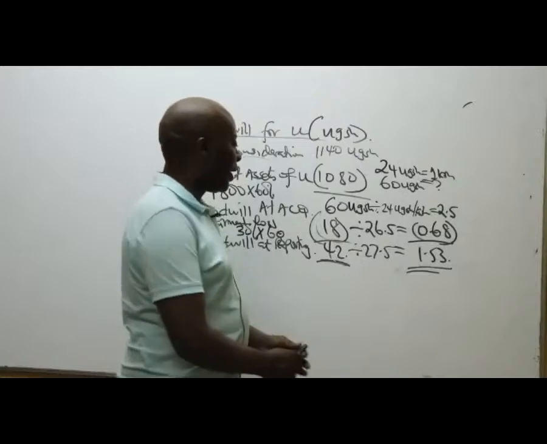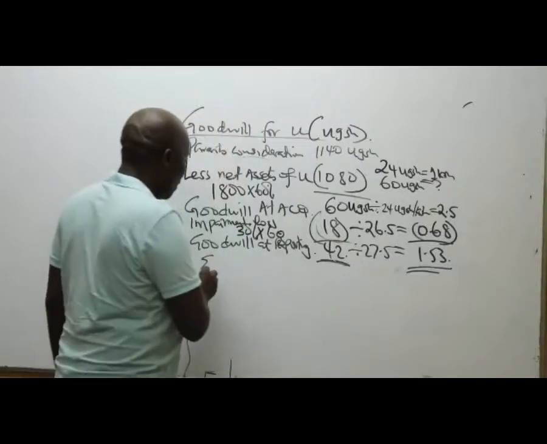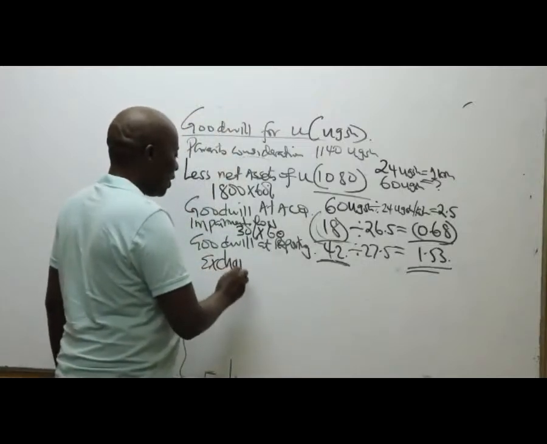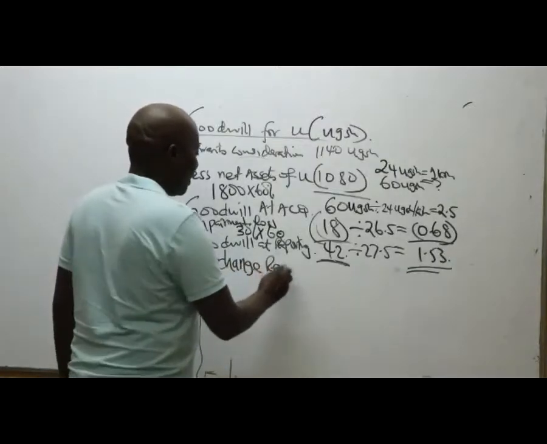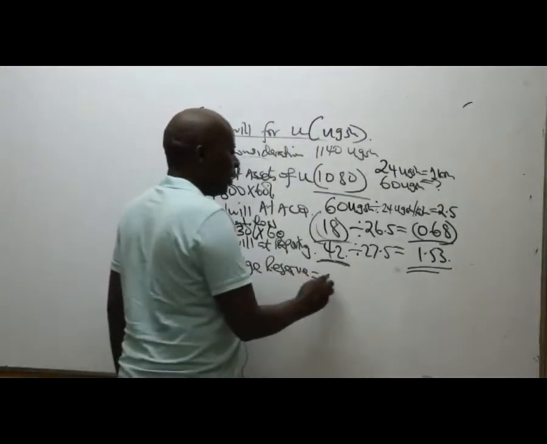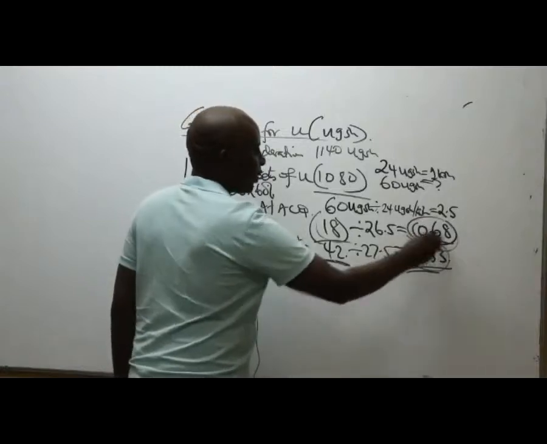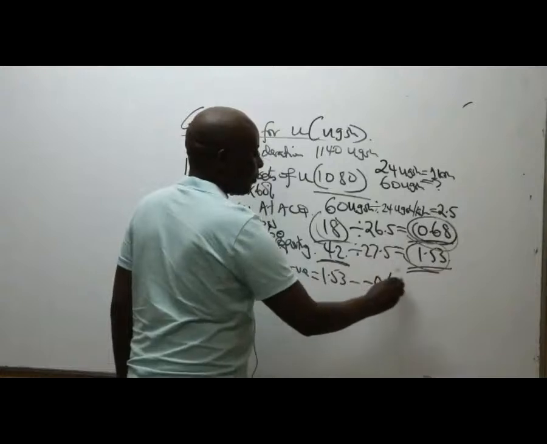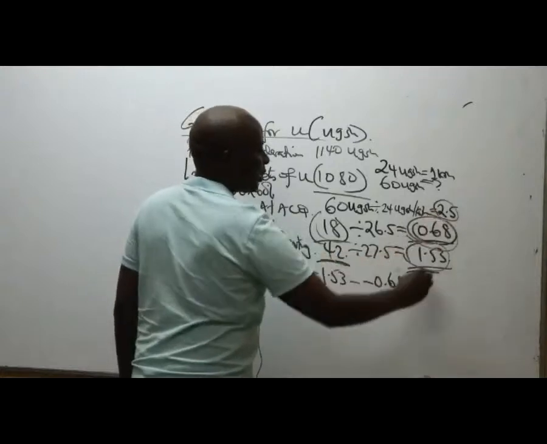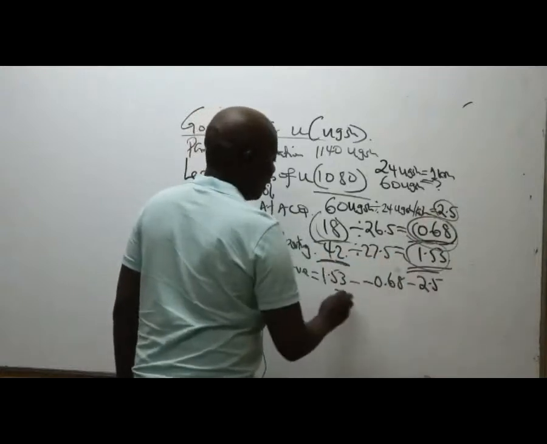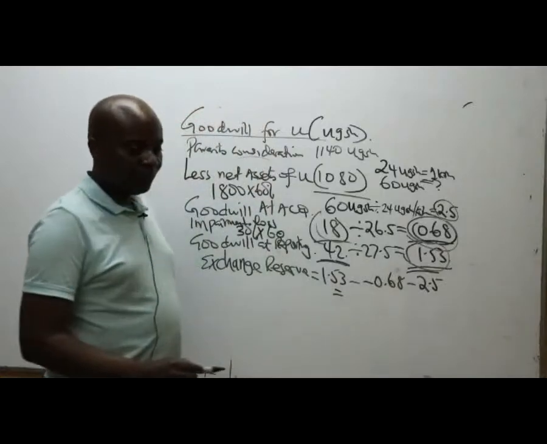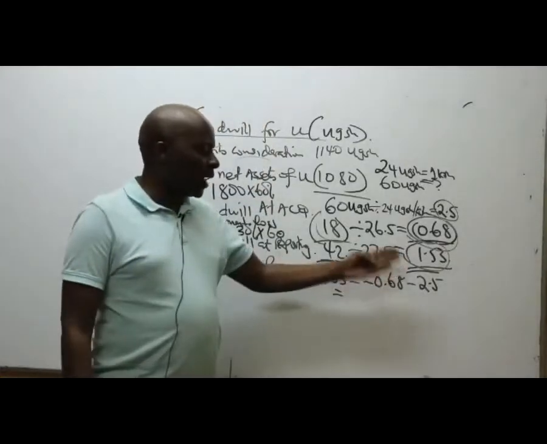So in this case here, the exchange reserve will be equal to this figure minus the figure that we have here, which is a negative itself, minus this. What figure do we have there? So you cram some of these things.